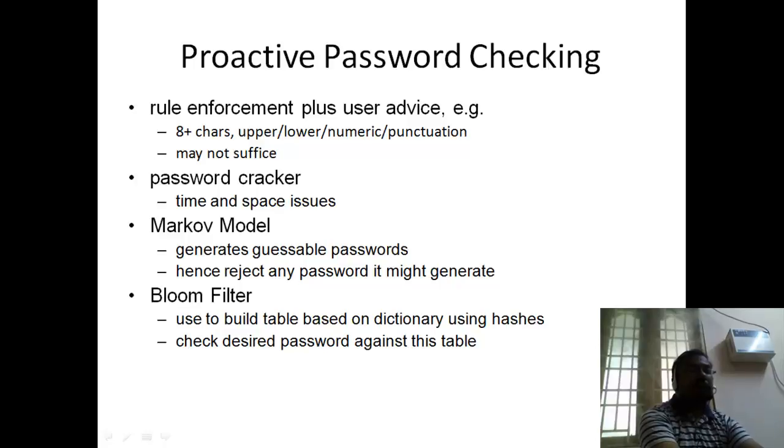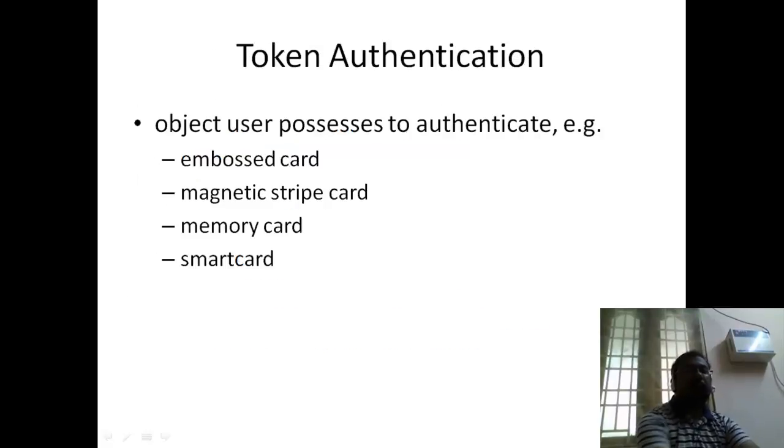And also, we can go for a Bloom filter, which is used to build a table based on a dictionary using hashes. And we have to check the desired password against this table. These are the means by which you can go in for password checking. That's proactive password checking.